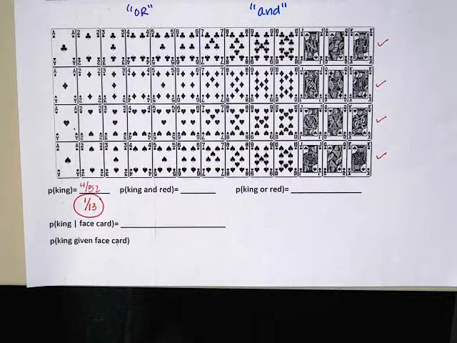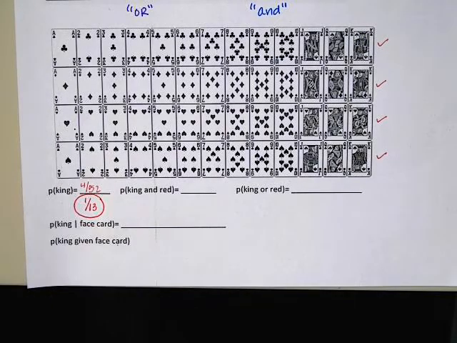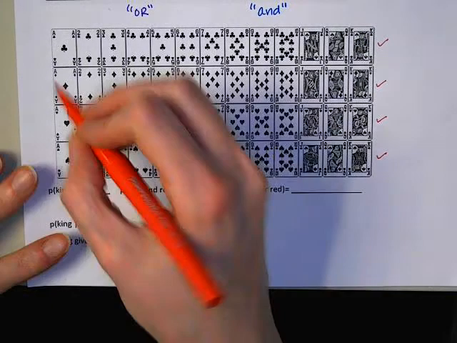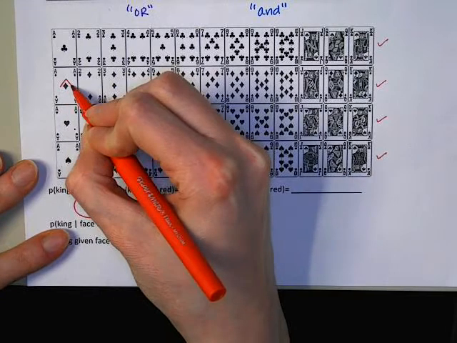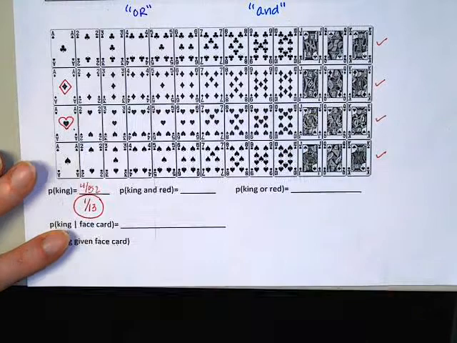The next one says, what's the probability of getting a king and a red? So pretty much, what's the probability of getting a red king? Now if you look at the kings, and I don't know how well you guys know cards, only the diamonds and the hearts are red.